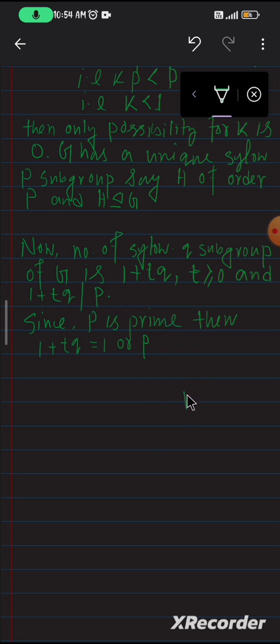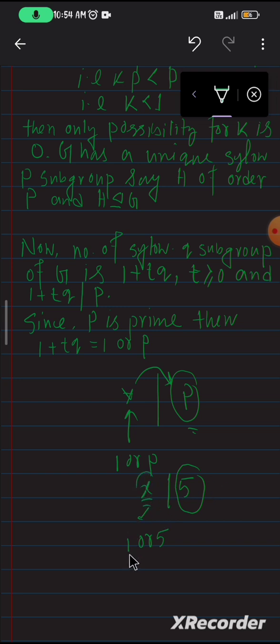P is a prime number, and something divides P. So what is the possibility of this something? It is 1 or P, because P is a prime number. Let me take an example. Let's say x divides 5, which is a prime number. Then x is 1 or 5, by the definition of a prime number.